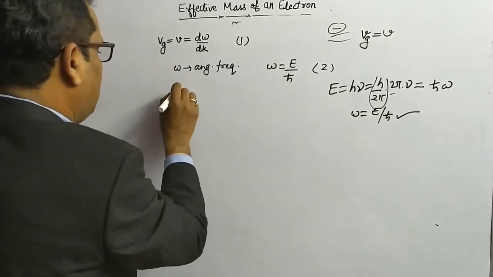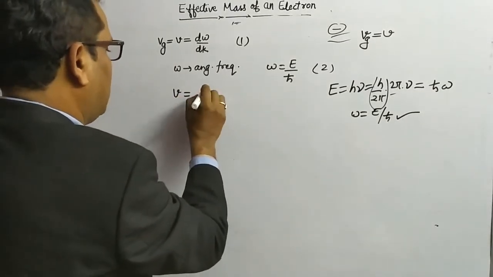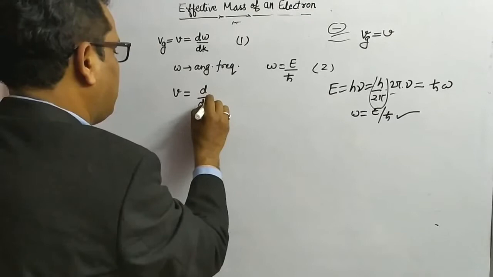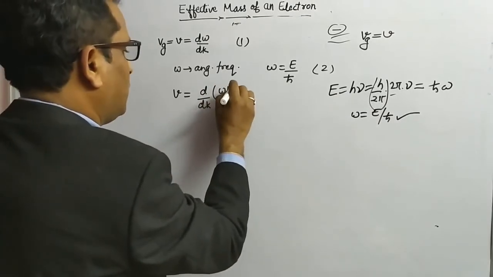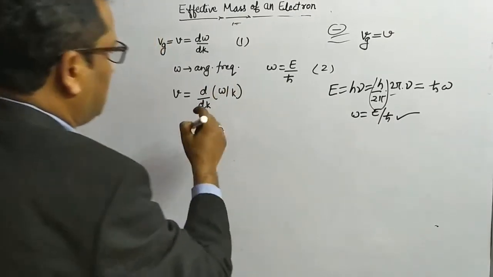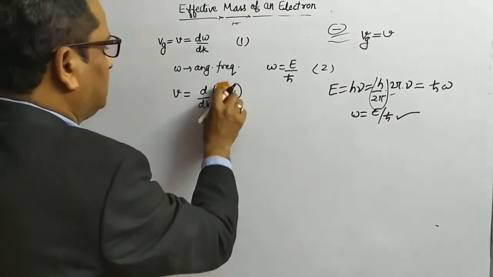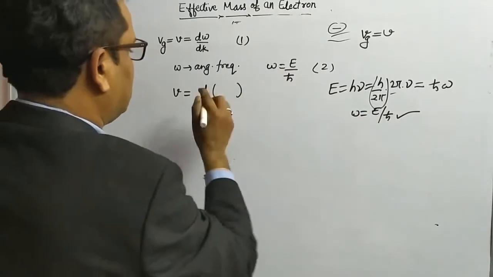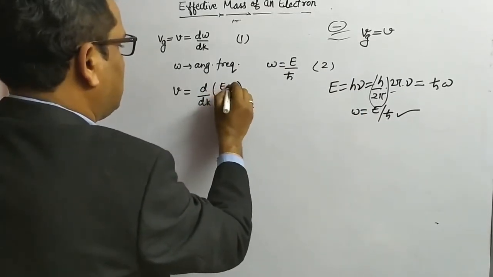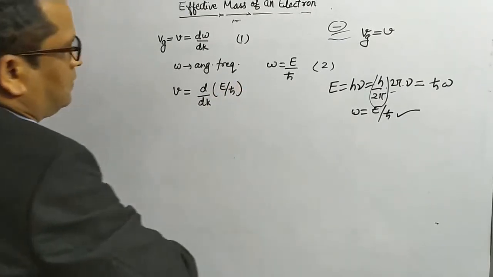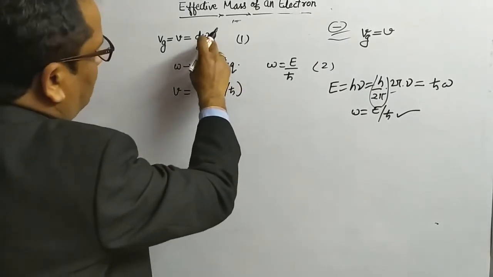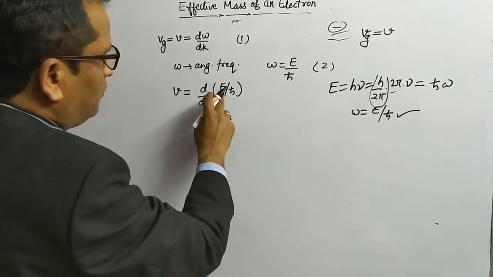So in this case equation 1 will become d by dk of E by h cross. What I have done is I have transformed omega in terms of E by h cross.